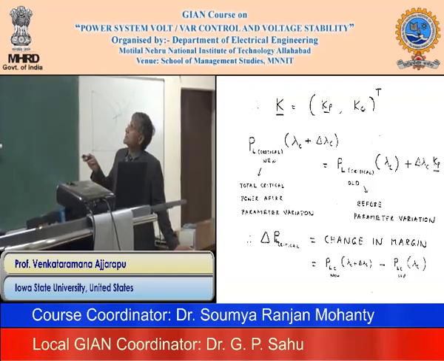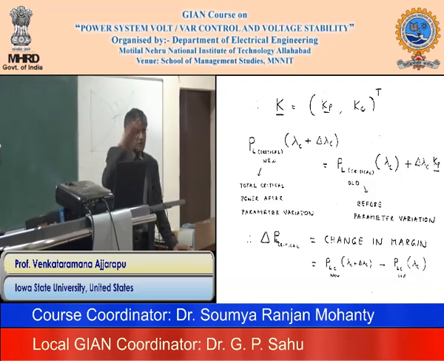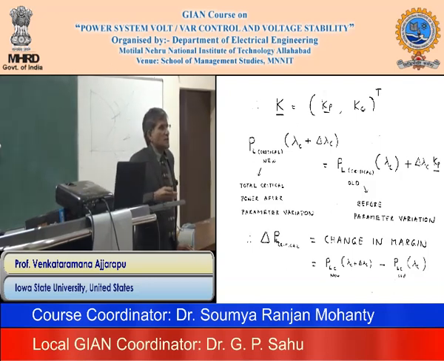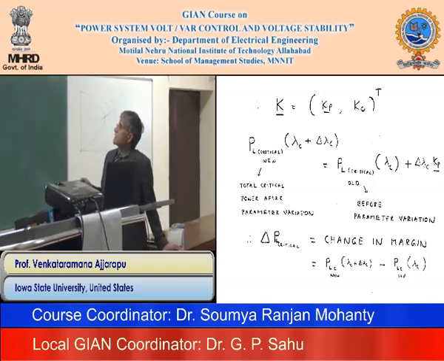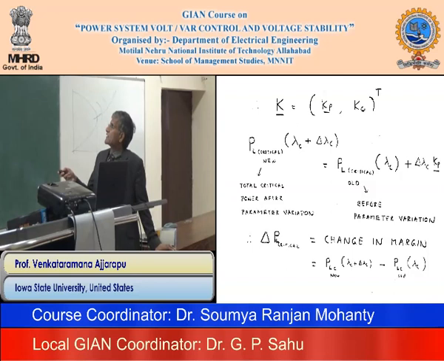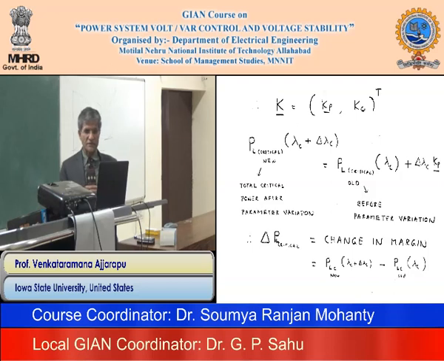Because when I say critical load, that is a vector. It's not one number, like each load level, what you get. So that delta P typically changes the margin. So PLC lambda, and you have to see this is the change in the margin because of the change in whatever parameter you are changing.